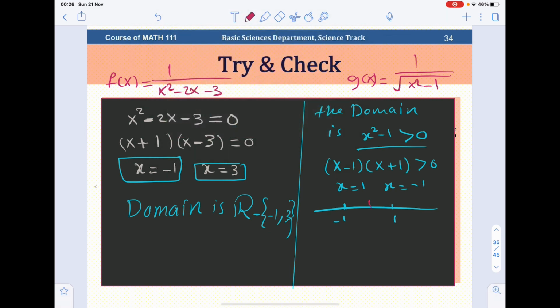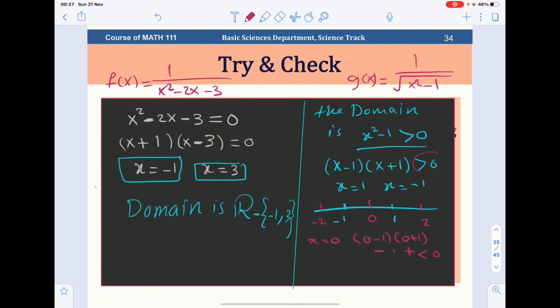For example, here I can pick 0, here I can pick 2, and here I can pick negative 2. Then we will check the sign of the intervals. When x equals 0, we have 0 minus 1, and then 0 plus 1. This would be negative, and this will be positive. So negative times positive is negative, or less than 0.